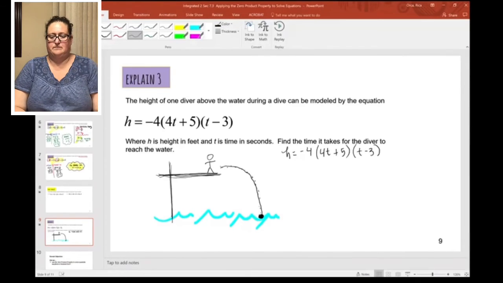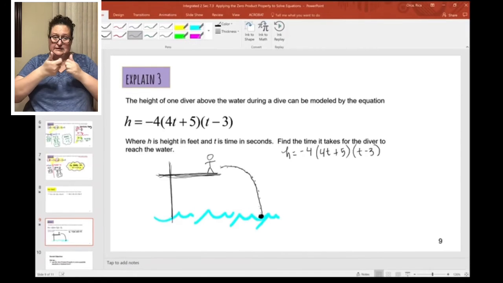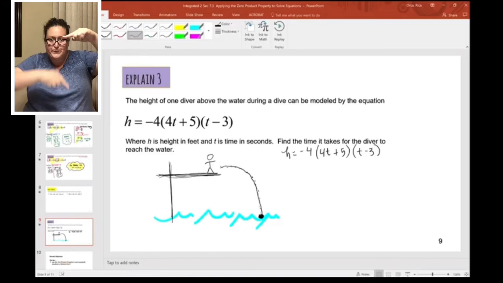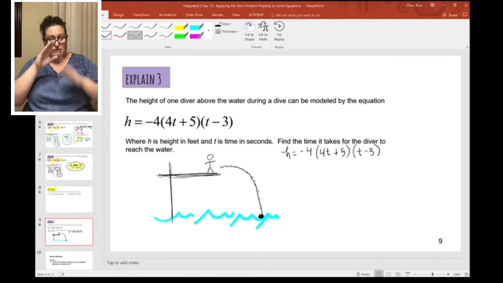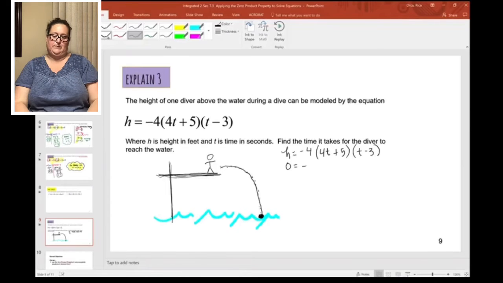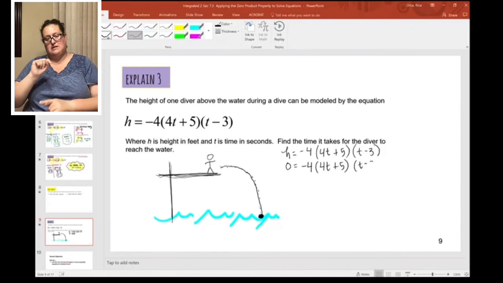H is going to represent the distance between the water to where the diver is at. Now, if the diver hits the water, then that means that H is at 0. So 0 equals -4 times (4t plus 5) times (t minus 3).